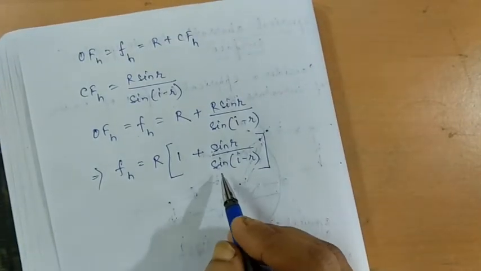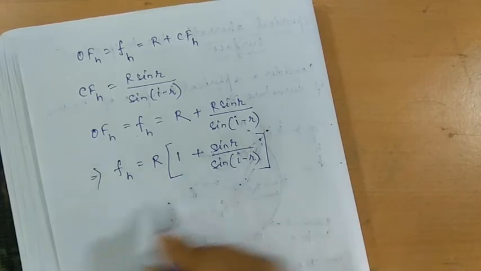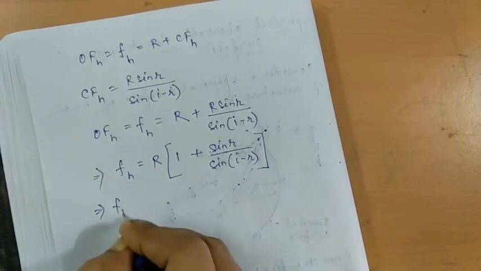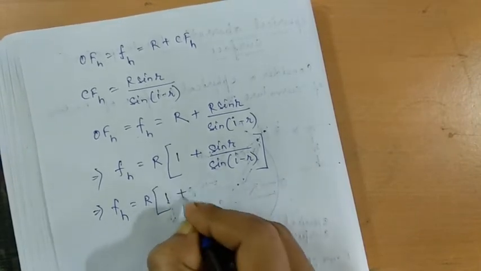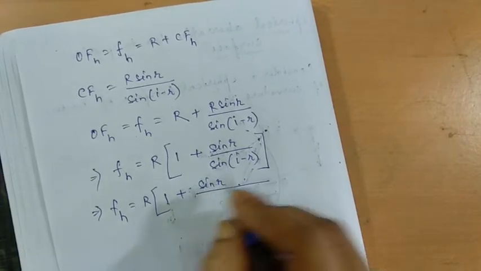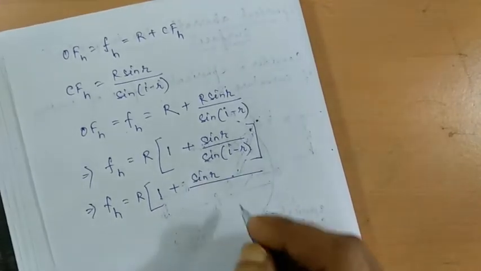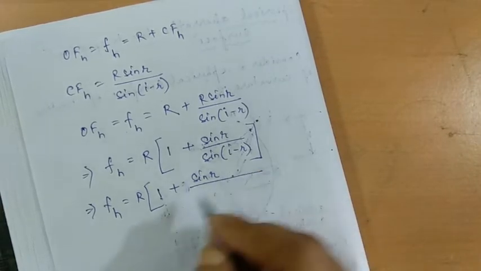Now I am going to put the formula of sine A minus B over here. FH equals R times 1 plus sin R divided by, now the formula of sine A minus B is sine A cos B minus cos A sine B. So just put that formula here.